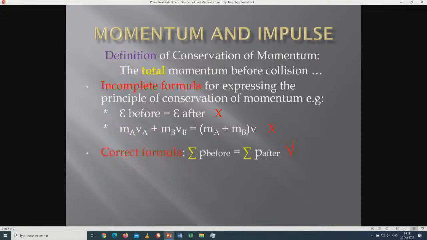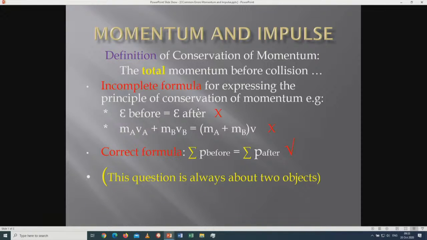My suggestion therefore is, keep it simple. Start off with sigma, the sum of the momentum before or initially, equals the sum, sigma, of the momentum after or final. So then you know there's no way that you can get lost on subscripts like in this example, and you state the principle very, very clearly, and then you start off correctly, you get your 1 mark, and then the rest of the marks are for substitutions.